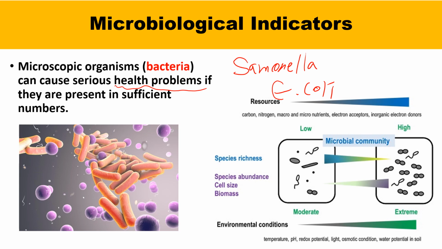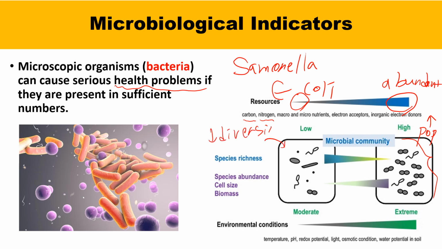So if you look at resources, know the fact that when we have a lot of nutrients based on carbon and nitrogen, if they are in abundance, then we generally have more population. Population goes up. If we have less of it, then we will see less. That means we have less diversity inside of the water sample.